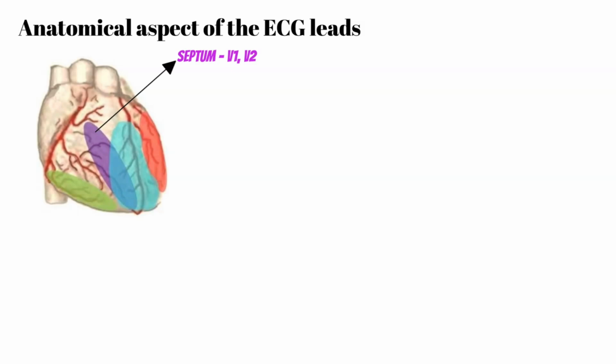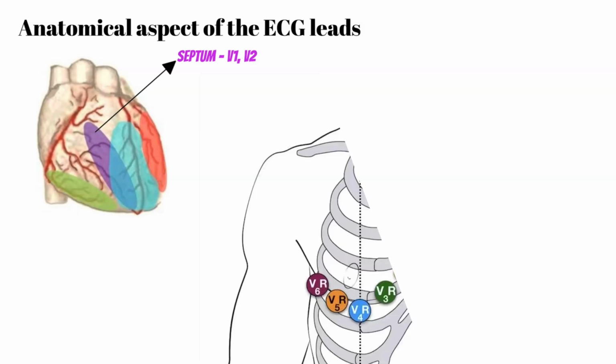However, in such a scenario, it is recommended that additional electrodes be placed on the right chest, on the same anatomical landmarks as their left side counterparts. These leads are V3R, V4R, V5R, and V6R.